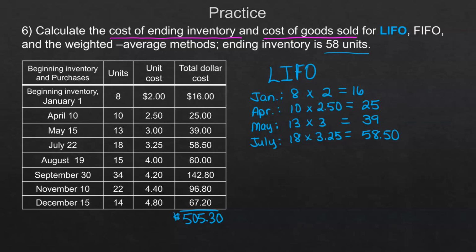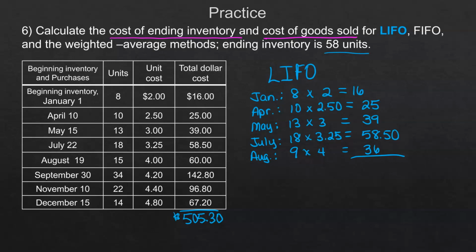So we're up to 49 and we need 58. So from August, we're going to need 9 more units from August at $4 each, which is $36.